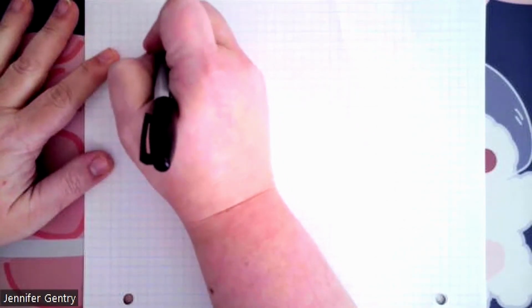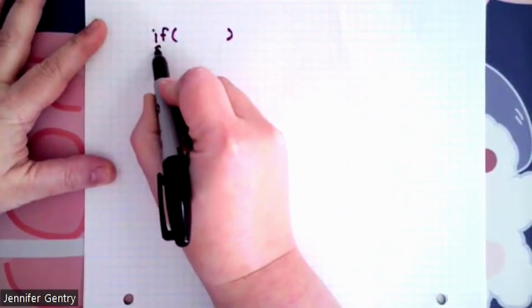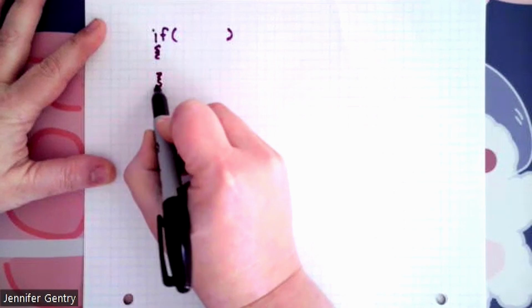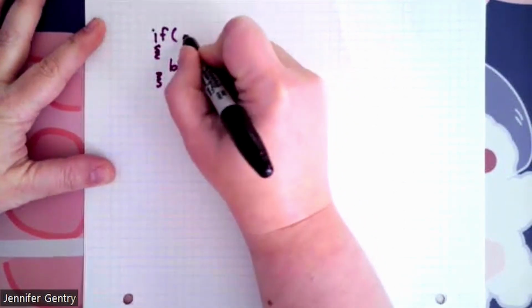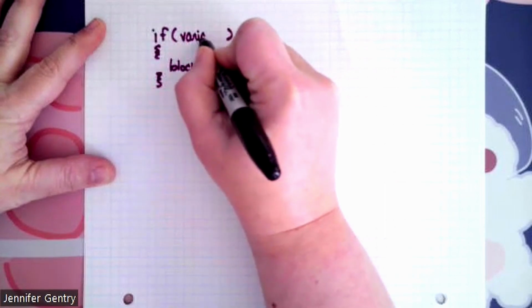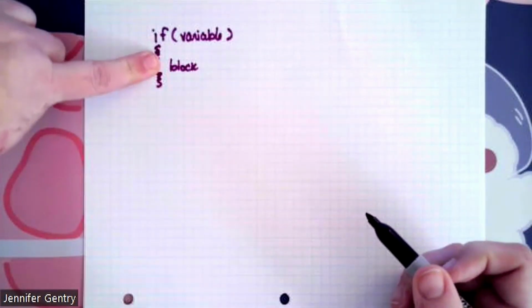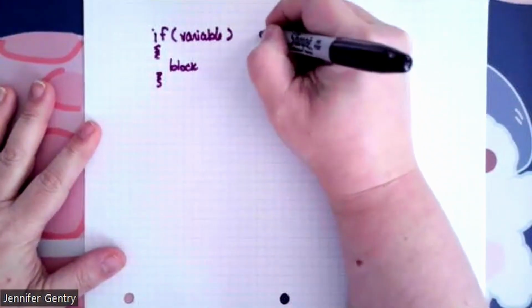So if something is true, okay, then we put a curly bracket and we put the block of code or the body. So your block goes here, and then you'll have a variable or something there. So if something is true, do this. Okay, that's called a single selection.